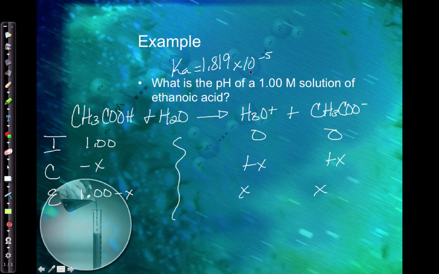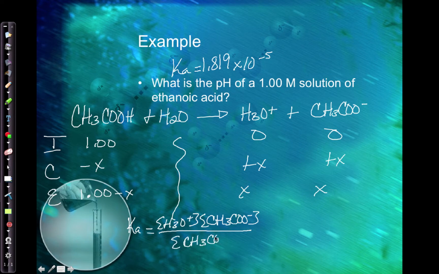All right, so now I can plug everything into the Ka expression. So Ka is equal to my concentration of hydronium times the acetate divided by my acetic acid. All right, so now I'm going to plug everything in and solve.